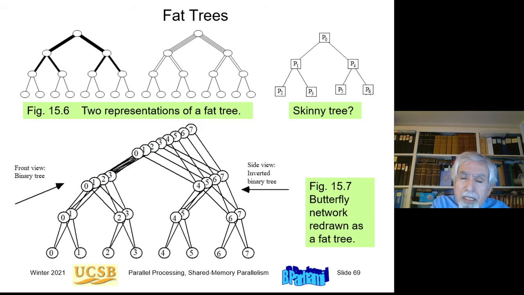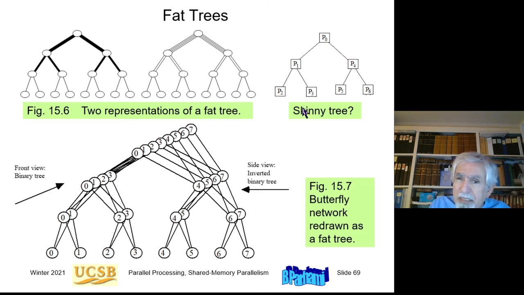Okay, tree networks can also be used as multi-stage interconnection networks. So imagine that this is a tree, these boxes are switches, and I connect processors to these leaves. Then any processor can access any other processor. I can also connect processors here and memory modules here.